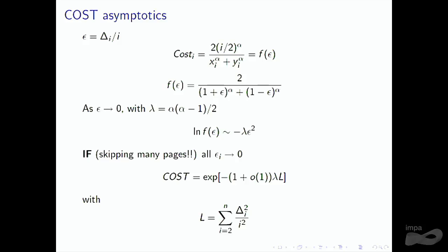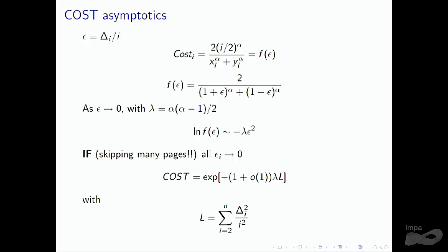But now we're going to think of epsilon going to 0 and look at the Taylor series for this. And when we do that, we see that the log of the cost is like minus lambda epsilon squared, where lambda is alpha times alpha minus 1 over 2. That is, the Taylor series for this is 1 minus lambda epsilon squared plus higher order terms.